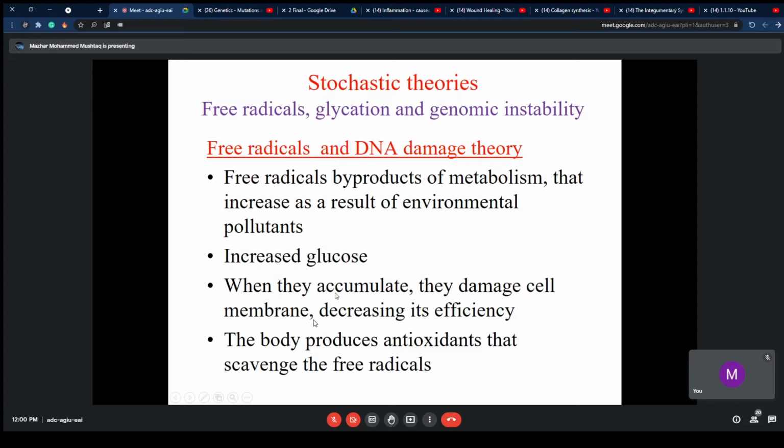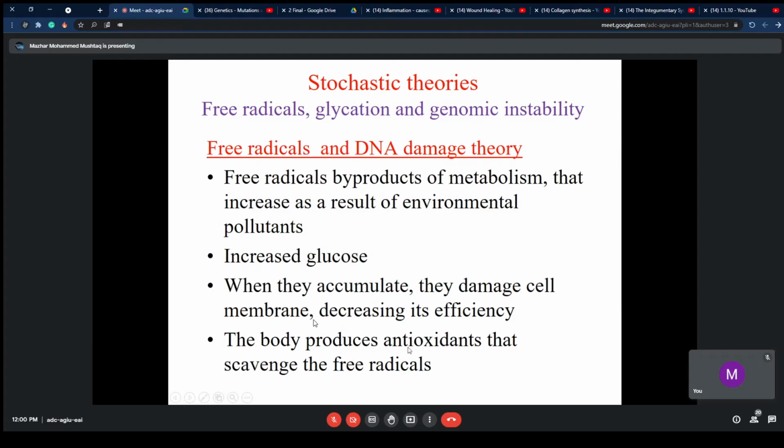So when they accumulate, they damage the cell membrane, decreasing its efficiency. When they accumulate means the ROS particles or the glucose particles, they are going to damage the cell membrane, there is a decrease in the efficiency of the cell, and it will go into senescence.